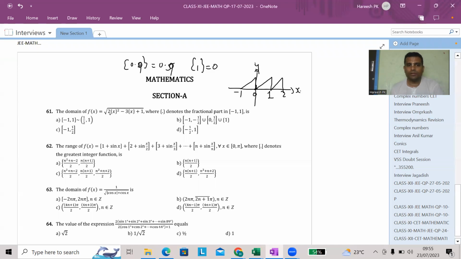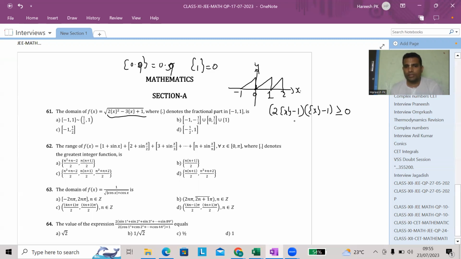So now, whenever you get a root, all we have to do is use the wavy curve method. That means you factorize this. And when you factorize this, you will get (2{x} minus 1) into ({x} minus 1). This whole thing should be greater than or equal to 0.